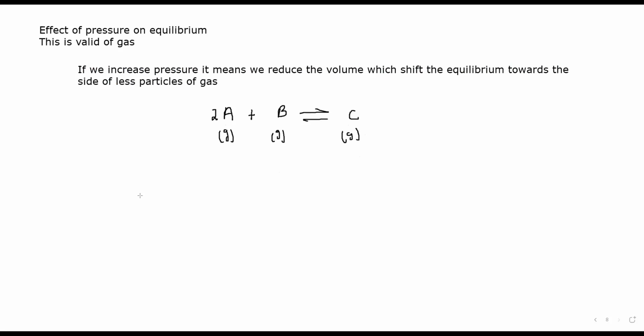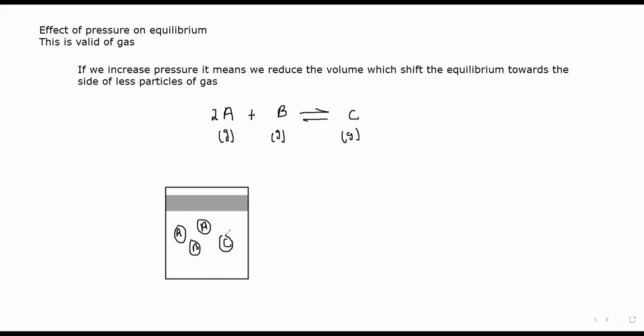Now you have a container, because the reaction mixture is inside the container, and it is at equilibrium. Two molecules of A, one molecule of B, and then C is there. And this is balanced, at equilibrium.